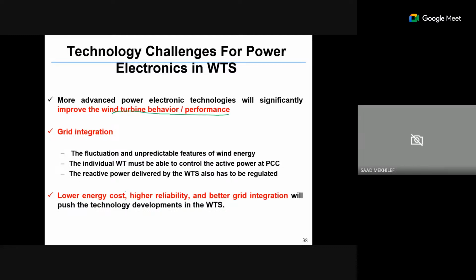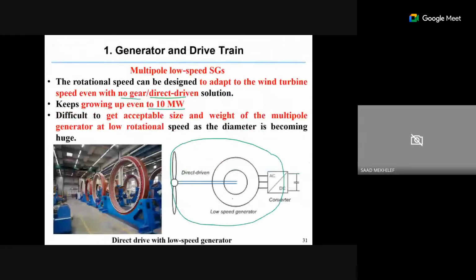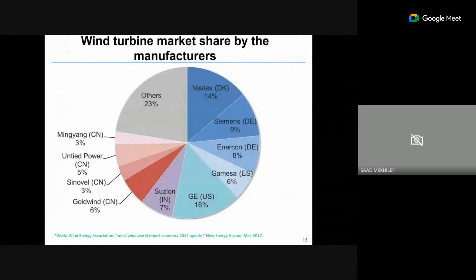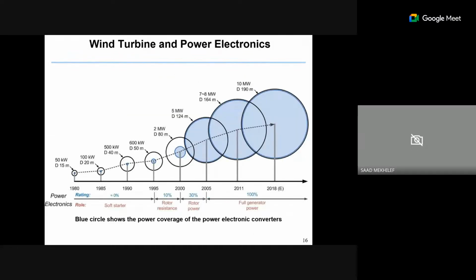I'm not sure I have shown you this slide. So, the use of power electronics in wind turbines: you can see here, at the start of the 80s, almost zero power electronics.